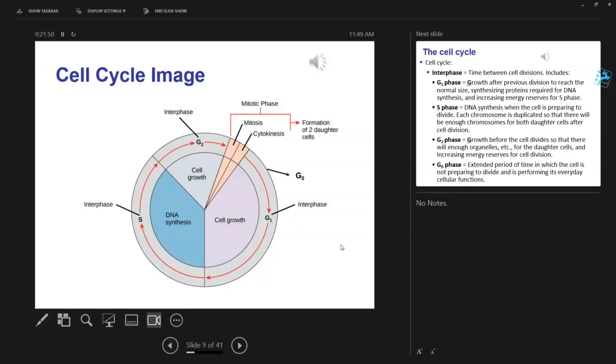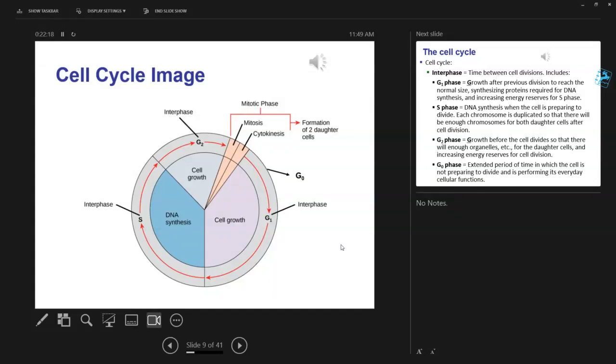But this G0 has an arrow going off to the side. That represents, like, after the G1 phase, now the cell is full grown, and it just goes on living in your body, for example, as a cell in your kidney or something.